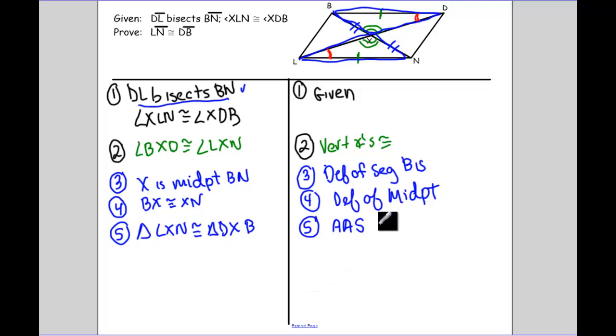That's our new postulate. Or I'm sorry, our new theorem. So now that I know those are equal, I can say that the corresponding parts, which are LN and DB, are congruent by CPCTC.